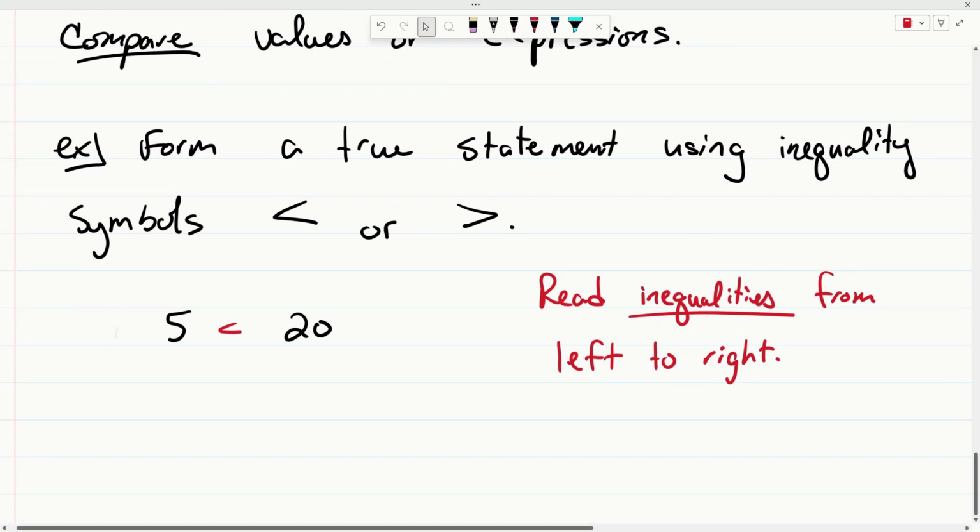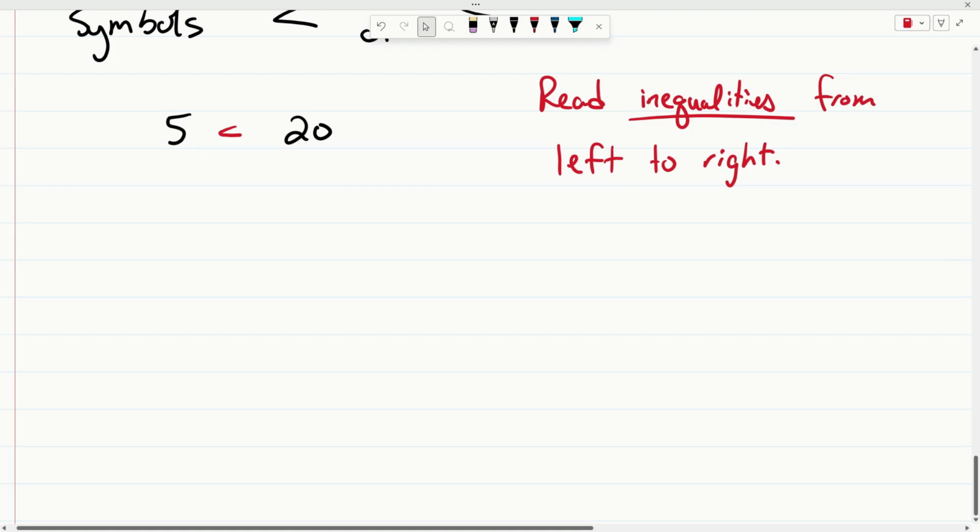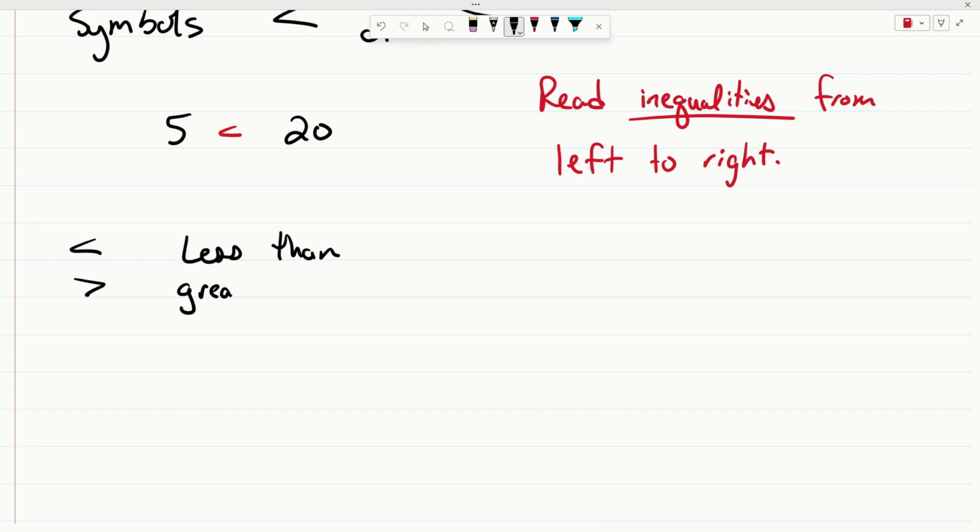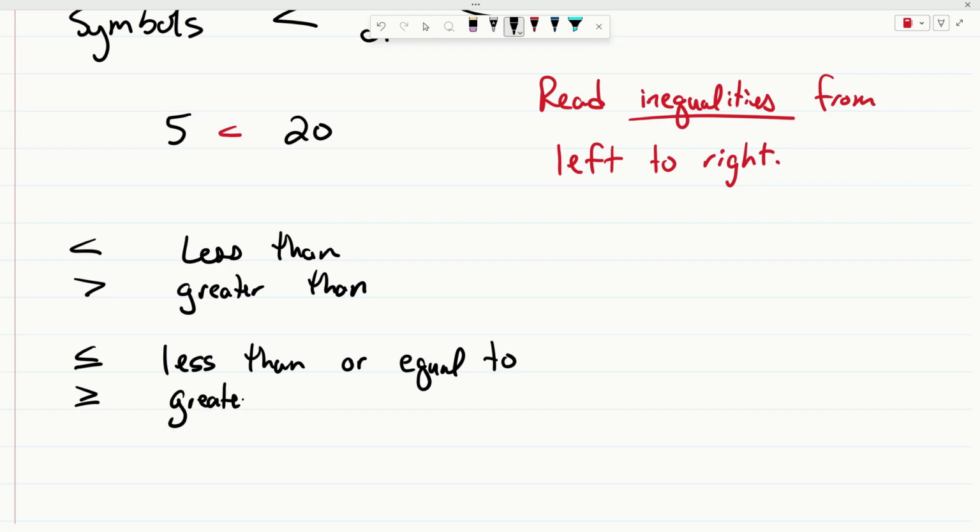And just so we can review, we have less than, greater than, less than or equal to, and greater than or equal to.